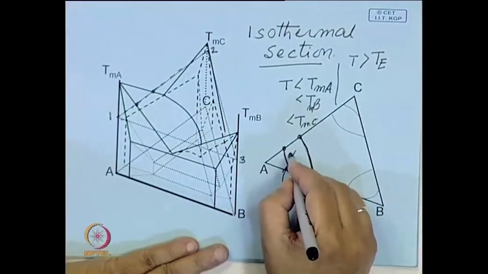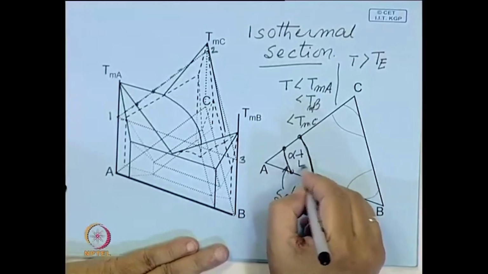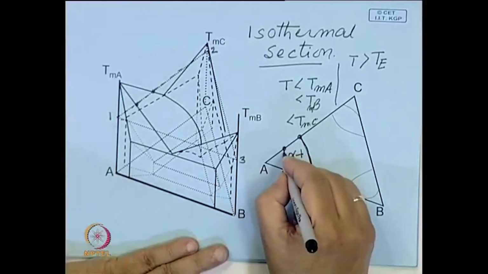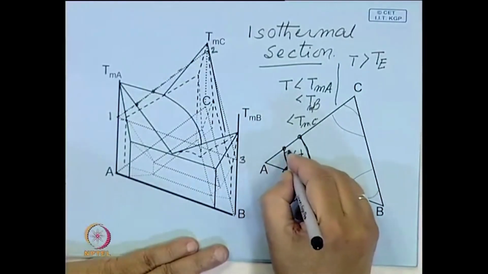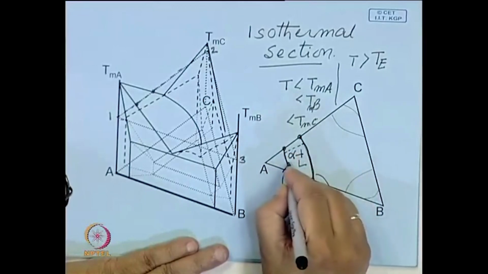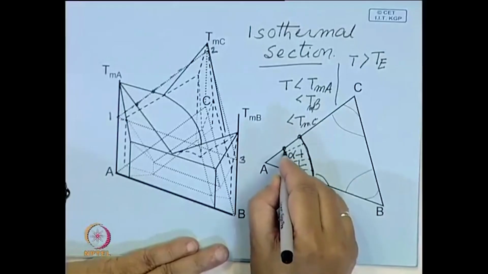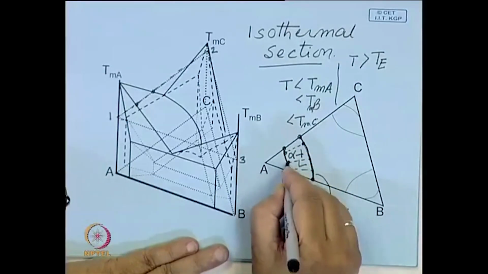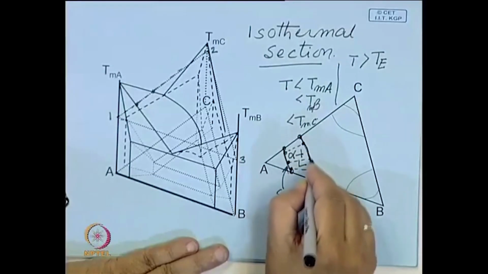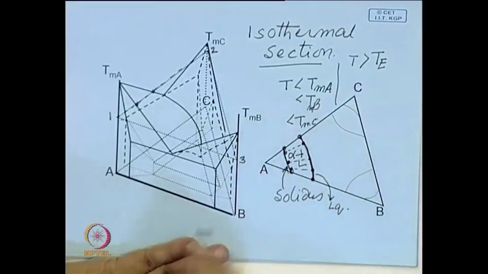and here you will have alpha plus liquid, and here you can also draw tie lines. So, you have to specify the temperature of the solid which will be in equilibrium with the liquid.